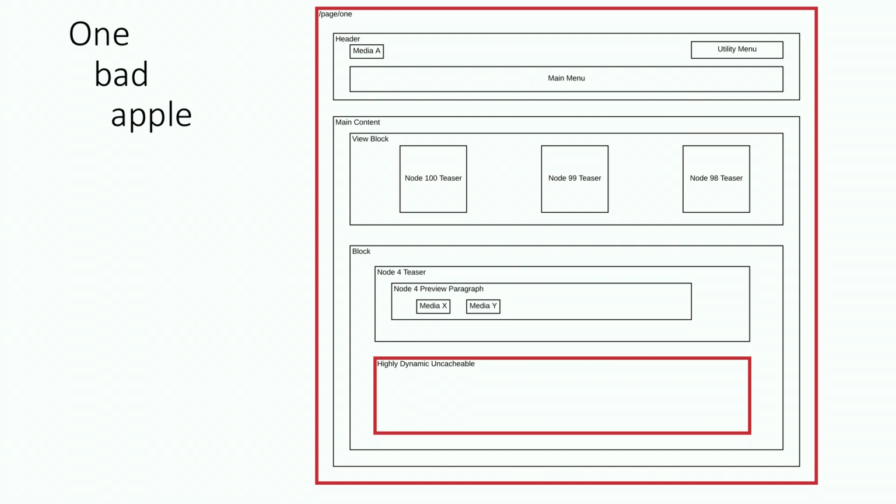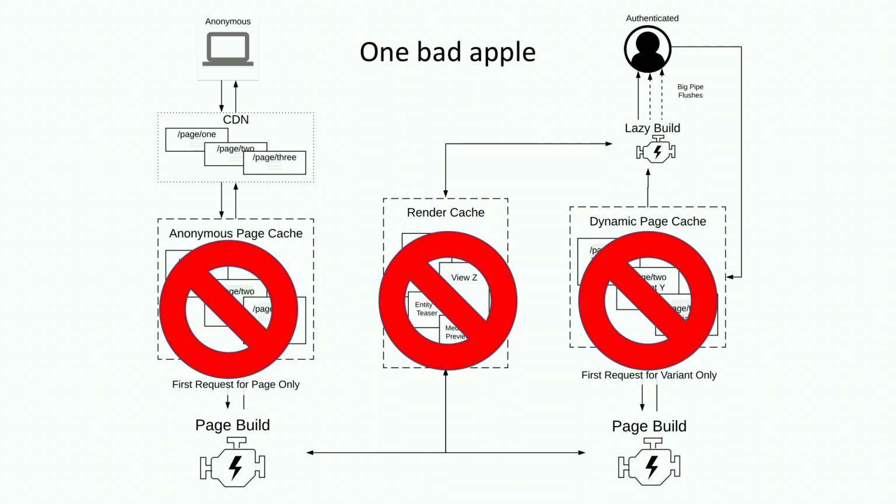So what we ended up having to do, and that's what this slide is basically about, is that one bad apple, that one weird case, was causing none of the pages on the site to participate in the dynamic page cache. What we ended up having to do was add a lazy builder to those render arrays so that they are lazily built. But they already had the user context.